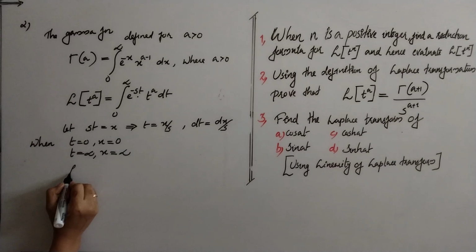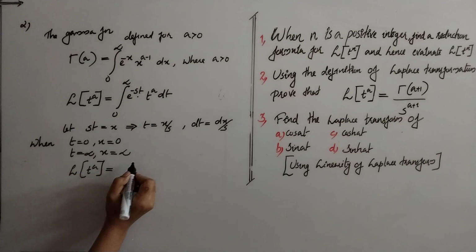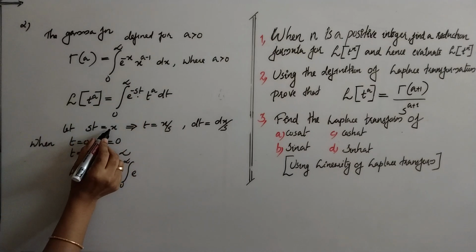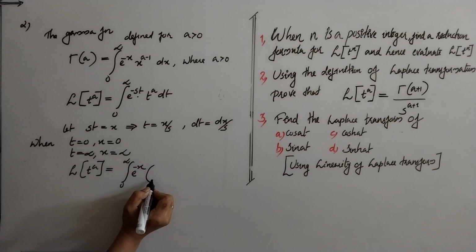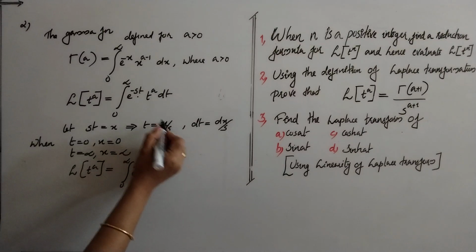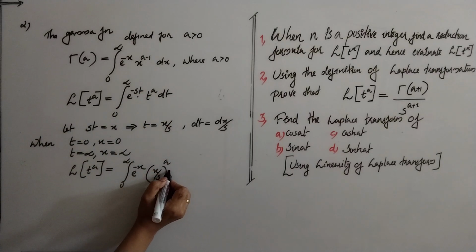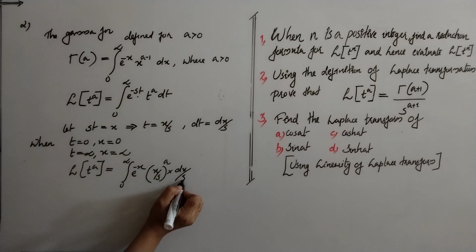So the Laplace transform of t raised to a is equal to integral 0 to infinity e raised to minus st, st is x, so e raised to minus x, into t raised to a, that is x by s the whole raised to a, into dt. dt is dx divided by s.